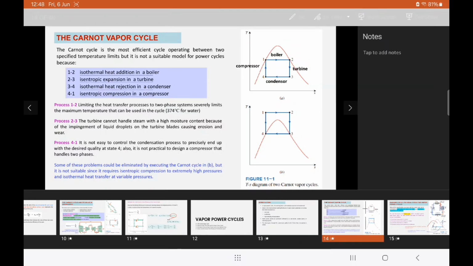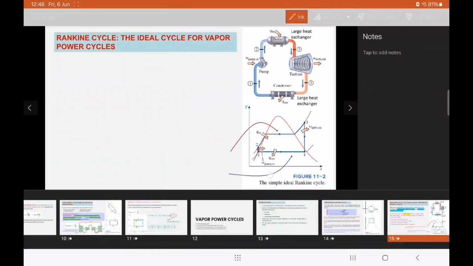For the variable pressure, if you were to sketch your constant pressure lines, you will see something that looks like this.